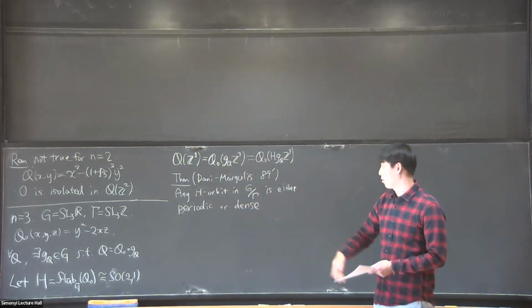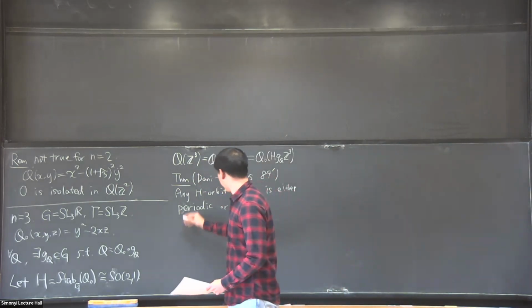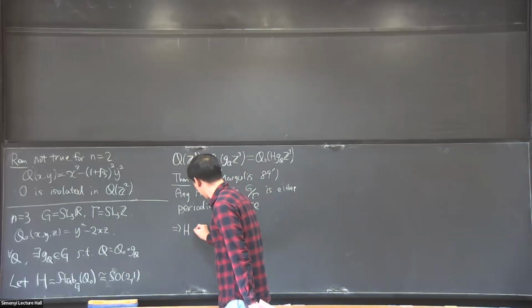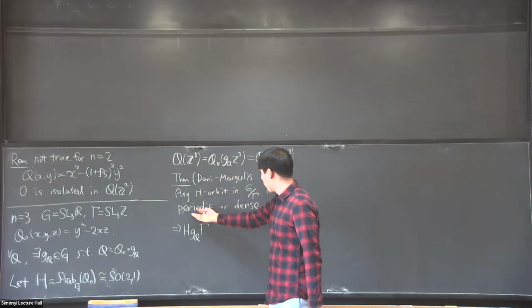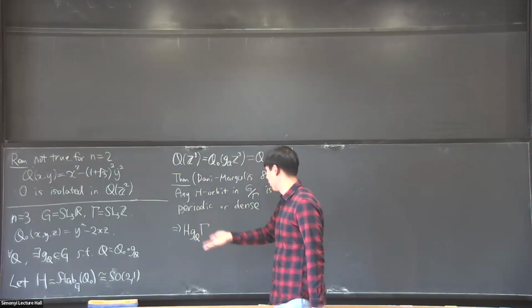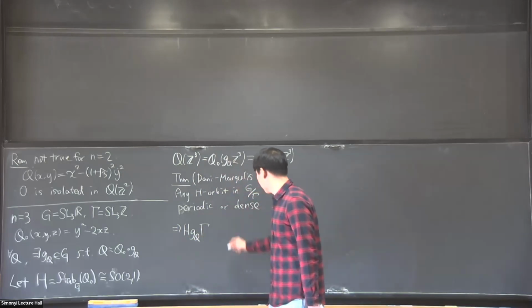So there are only two cases. And moreover, this theorem implies that the periodic case happens only when our g_Q is H times some rational element.